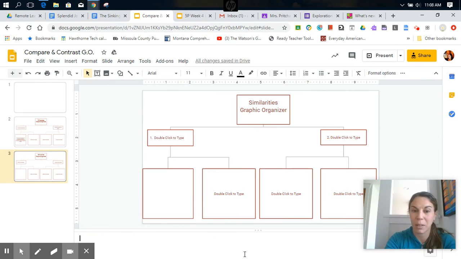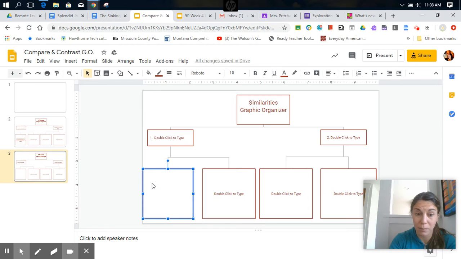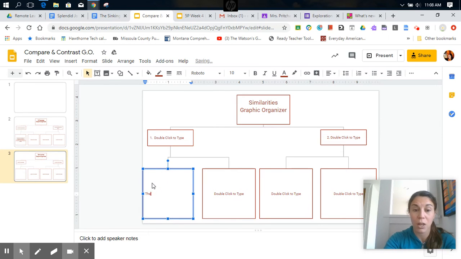So I might say a similarity is that the passengers did not realize how big of an impact the iceberg really had on the ship.